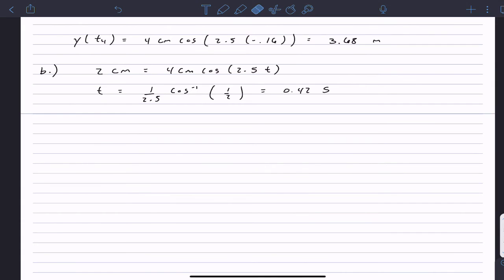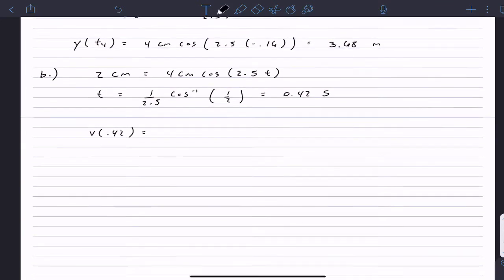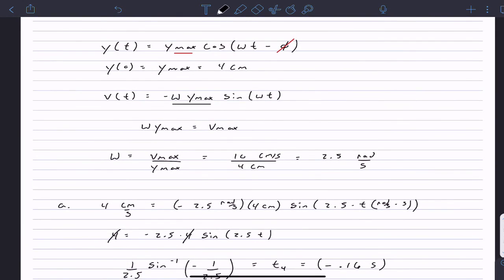It's a good thing it's positive, because we're going to plug this into our velocity function, which has a sine argument, and that does not equal the same thing with a negative value. So here we take 0.42 seconds. What is our velocity function again?